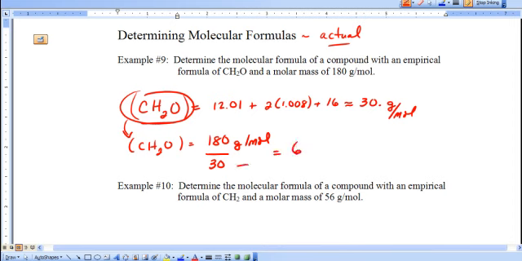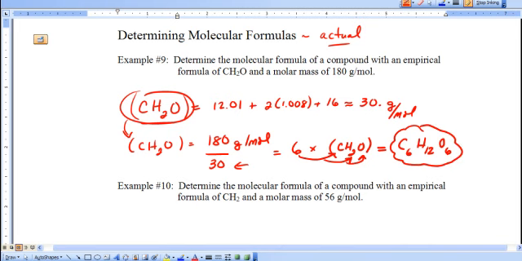There are 6 of these in the real compound, so you have to take your formula and multiply it by 6. And so in this case, we would get C6H12O6. You have 6 times 1 gives us 6, 6 times 2 gives us the 12, and 6 times the last one gives us 6. So it is C6H12O6 in this particular case. We would actually have glucose.